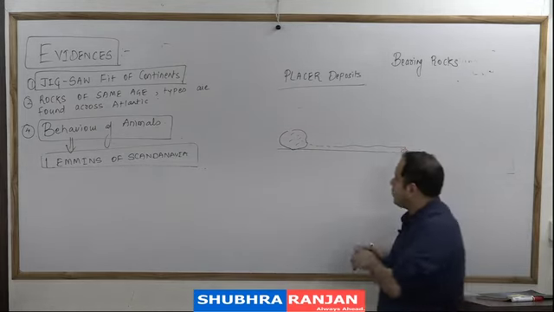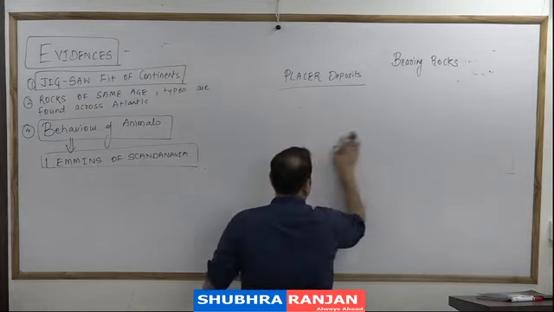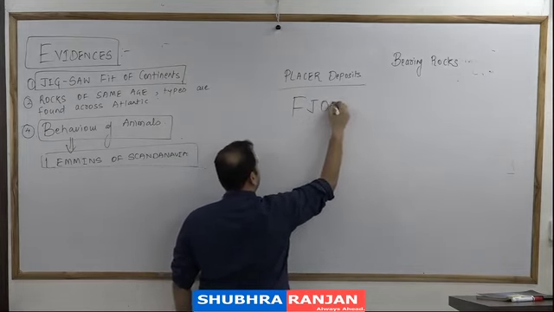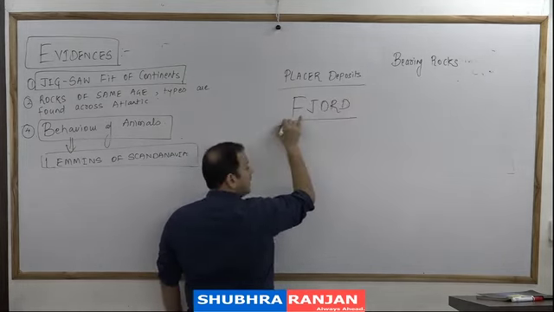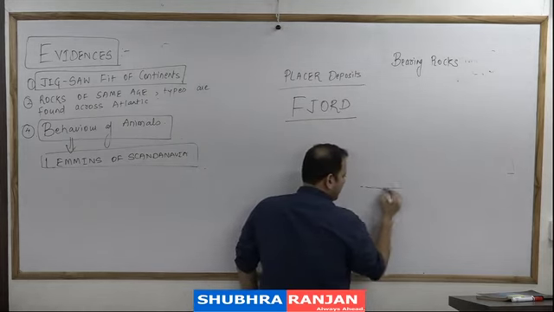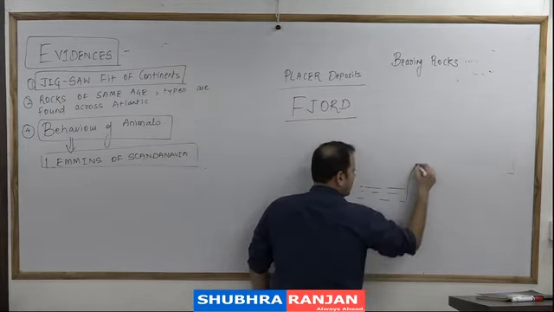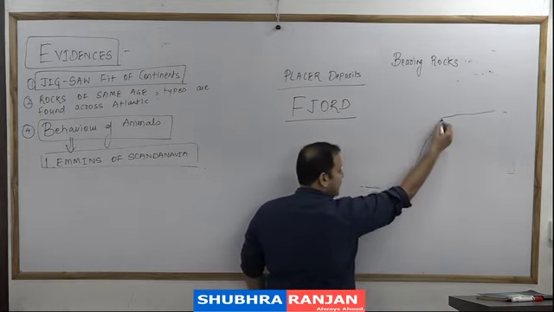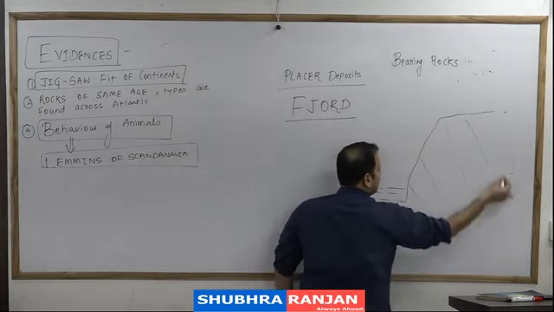Now if you look at the coast of Norway, Sweden, Finland, this coast is known as fjord. Now what is this fjord? This is the coast. If this is the sea, then here the coast consists of very very tall mountains, and as soon as the mountains end, the sea starts.